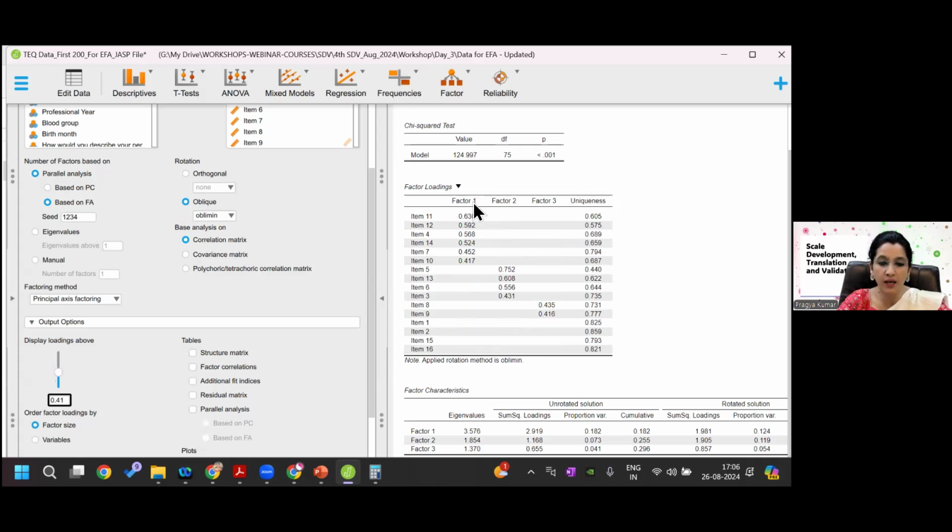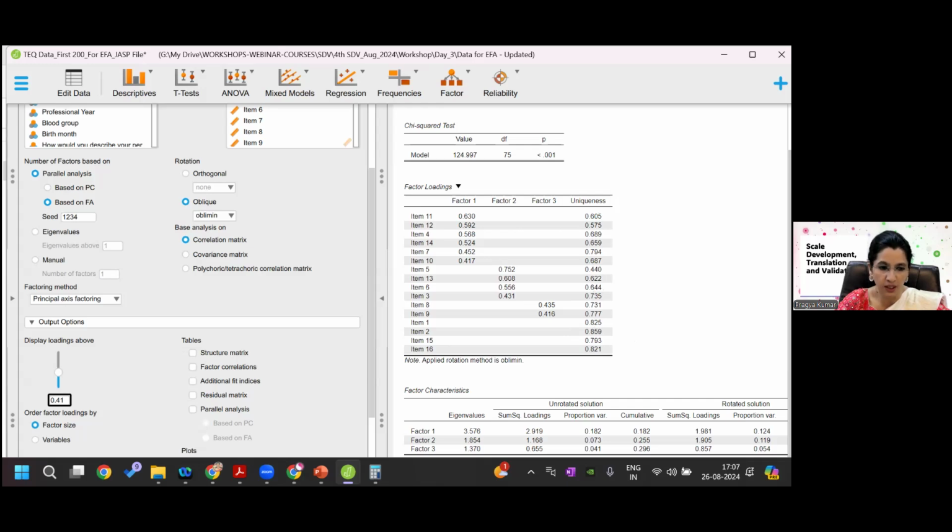Factor 1 has items 10, 7, 14, 4, 12 and 11. Factor 2 has items 3, 6, 13 and 5. And factor 3 has items 8 and 9. So this is a 3-factor structure. And if you see the uniqueness, there are various items with their own error. So this is the factor structure.